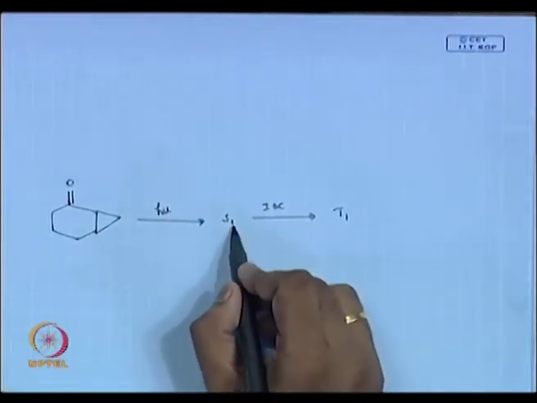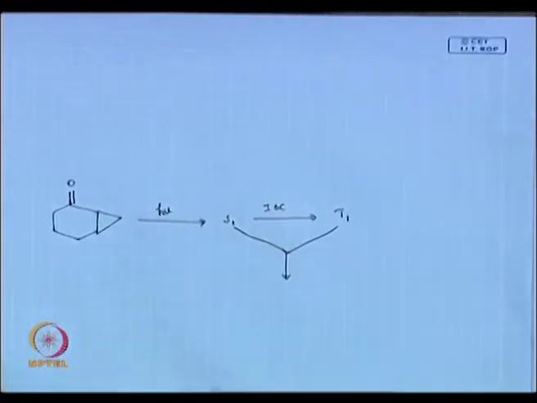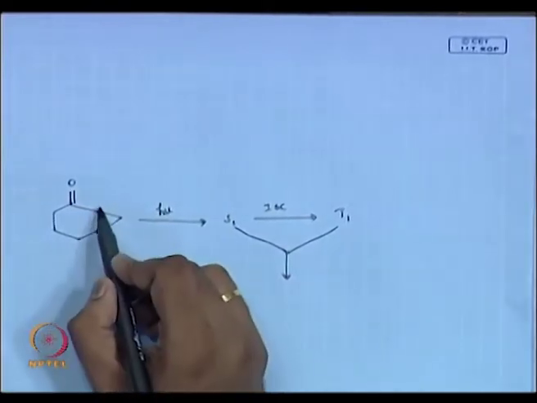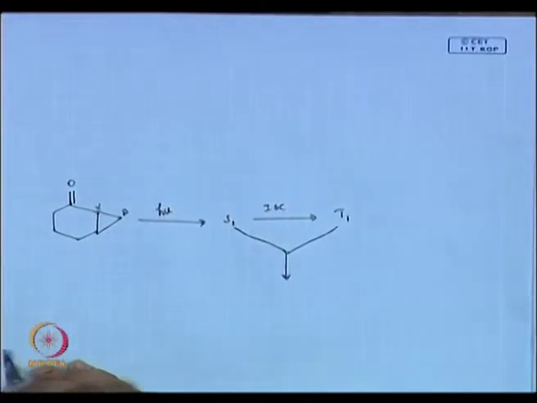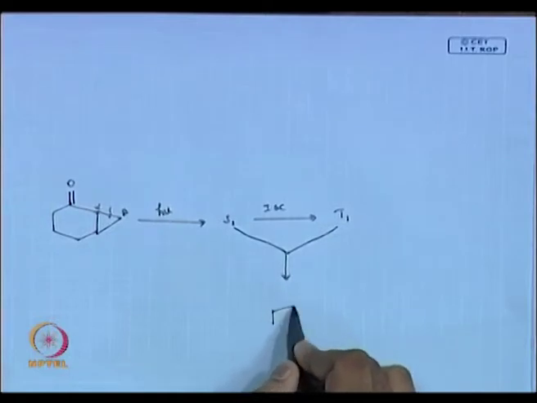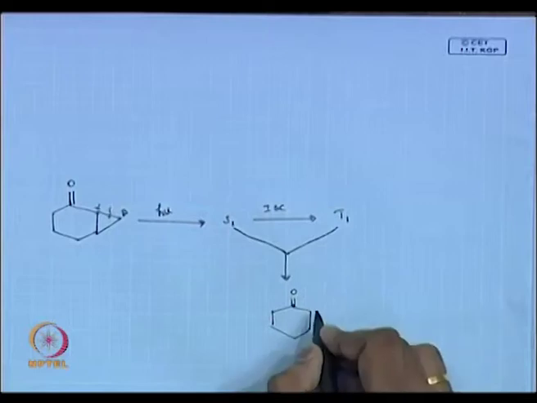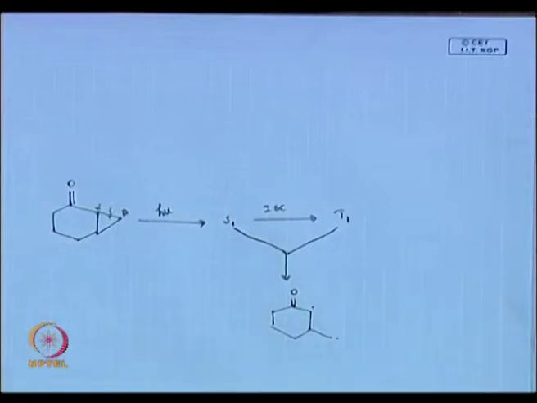So, I can write here a system of what? I can call this alpha beta, right. So, can I cleave this? You can get this, fine.